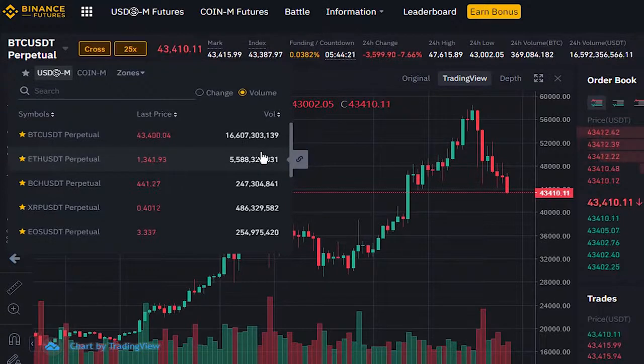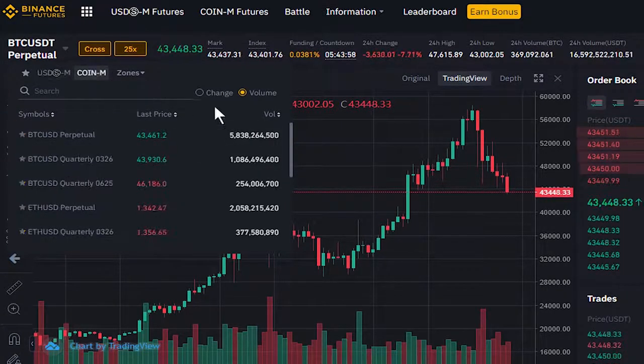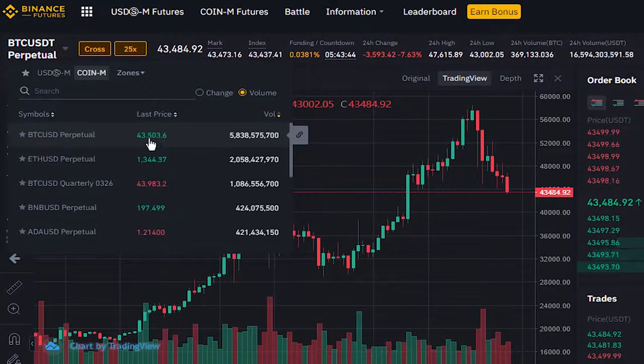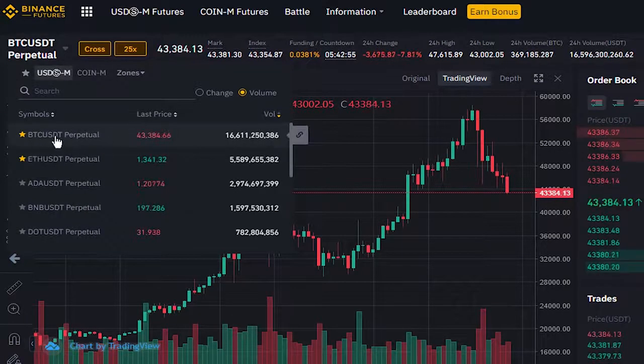And if we check coin margin futures by selecting Coin M here, and selecting this small button, you can see that the highest trading volume is for BTC USD perpetual with a trading volume of more than $5 billion, as you can see. So you can clearly see that BTC USDT perpetual contract has significantly the highest trading volume right now.